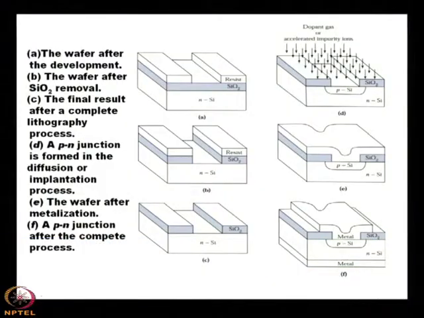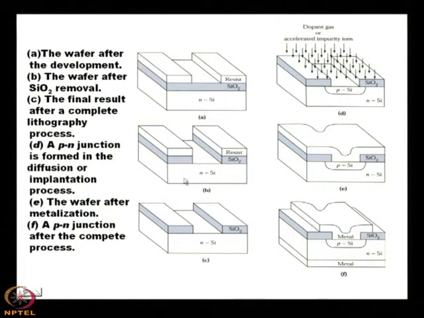So, it will not diffuse. Then you remove the SiO2. This is the wafer after SiO2 removal. Then you see that here the photoresists were removed.